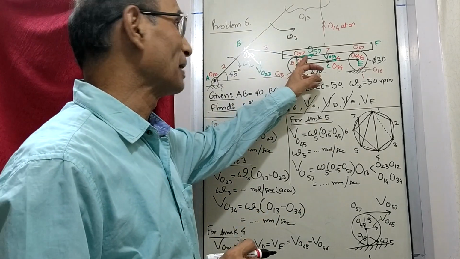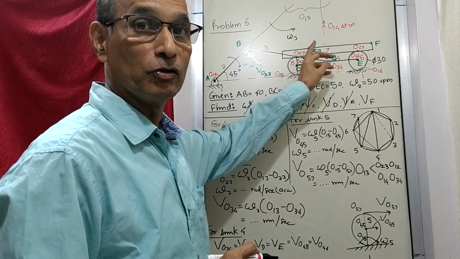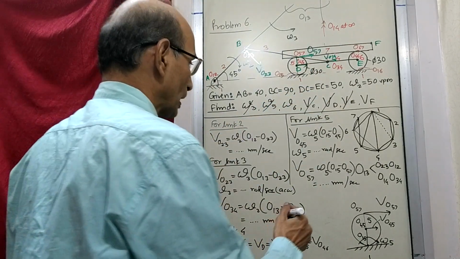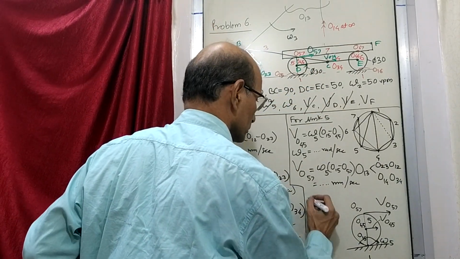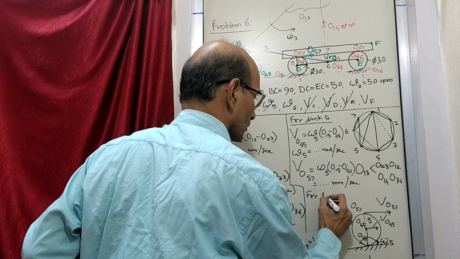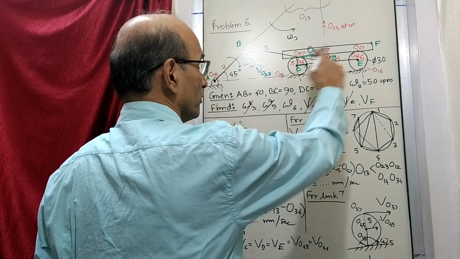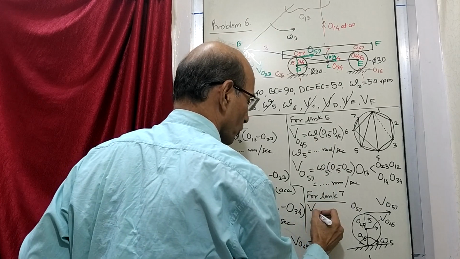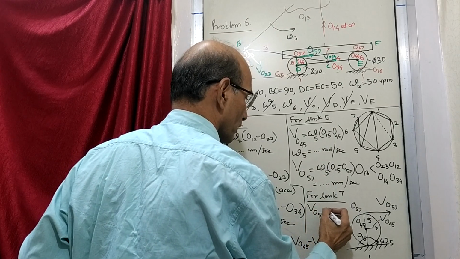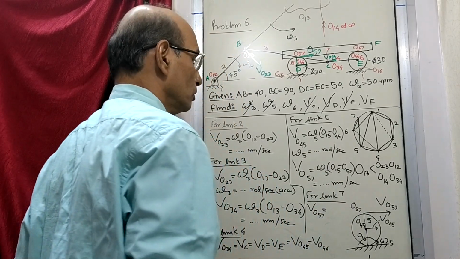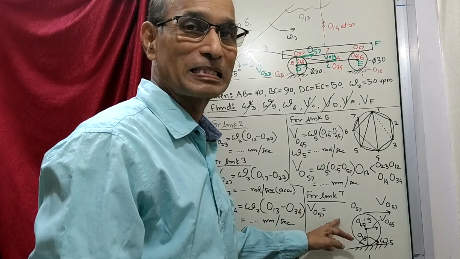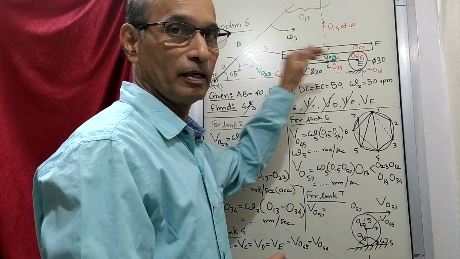Now velocity of O57 is same whether it is on 5 or whether it is on 7. So now I write here for link number 7, velocity of O57 is equal to, now here we are not writing omega 7 because 7 is not rotating, it is sliding.